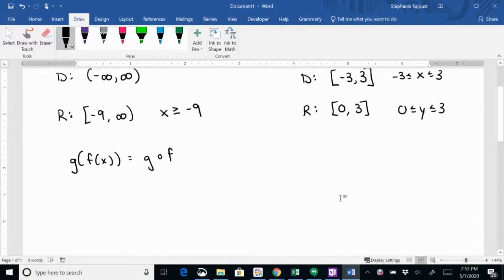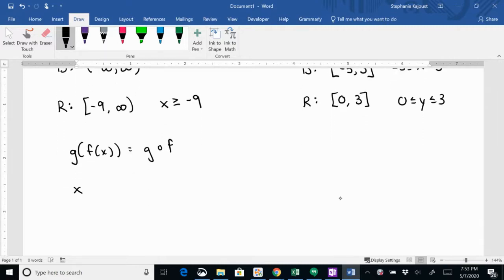compose f. So we have x values, we are plugging those into our function for g, and then those values are getting plugged into, whoops, I did it backwards, function of f, and then those values are being plugged into our function for g. So our x gets put into f, those outputs get put into g.